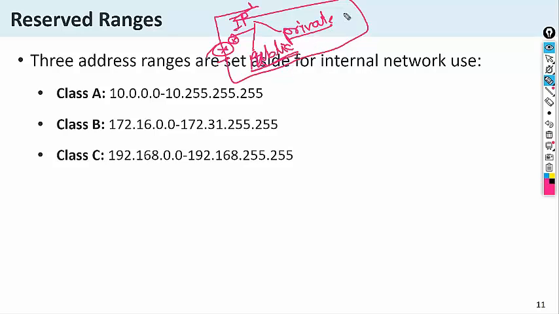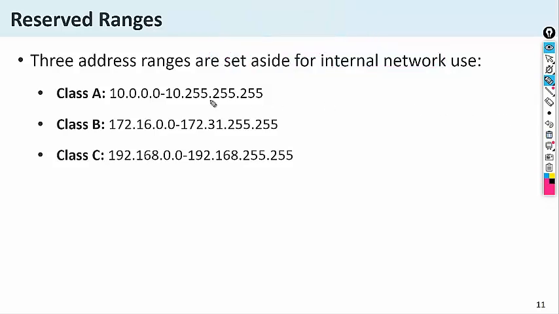Some IP addresses are reserved as private IP addresses, which can be used inside the internal network or the private network. These are the ranges: from class A, 10.0.0.0 to 10.255.255.255.